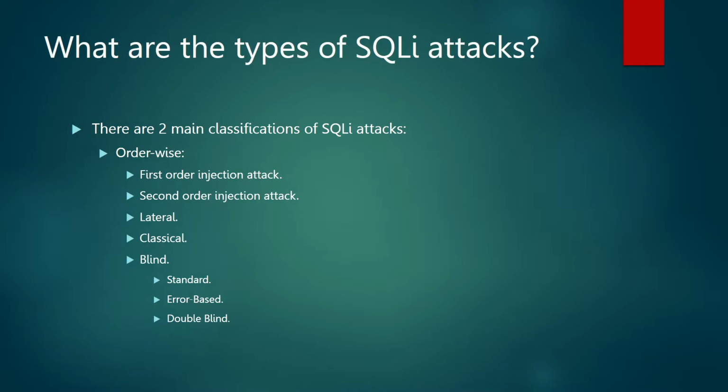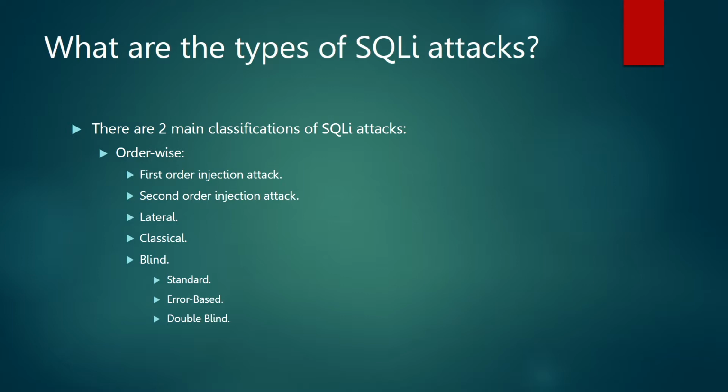We can classify the different SQL injection types in two different ways. Order-wise is the first way. In order-wise classification, we can see a few different types of attacks. The first one is the first order injection attack.